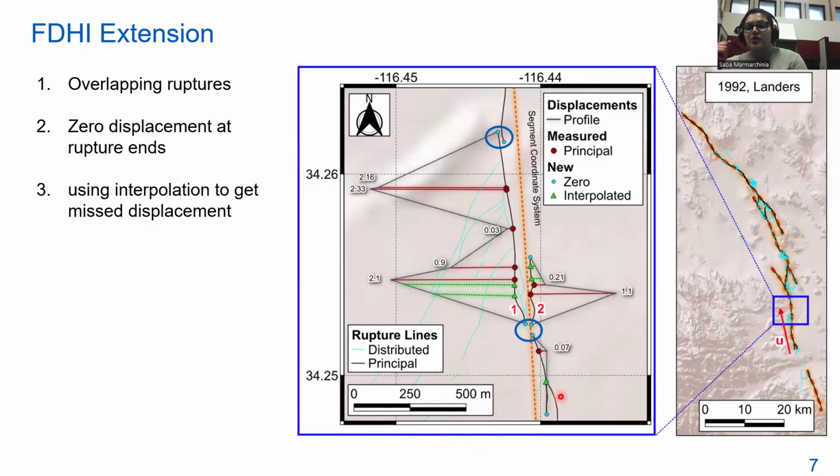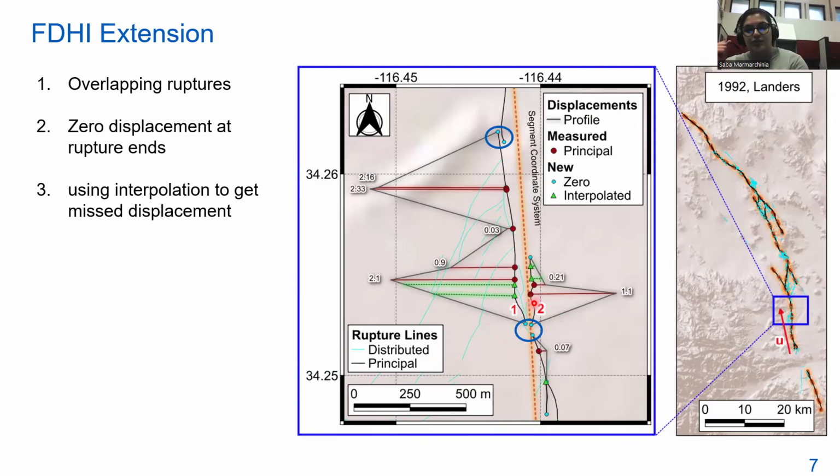At any along-strike location, multiple ruptures can be present. For example, in this part of Landers, two ruptures are present, and these are called overlapping ruptures. However, the displacement is not always available on these overlapping ruptures. For example, the red dot shows the available, or measured, principal displacements. When displacement is available on one of the ruptures and missing on the other one, we need to estimate the missing one.